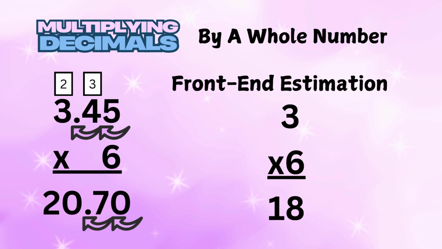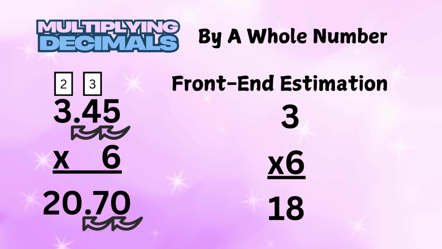So in this case, in front-end estimation, if we had the number 3.45 multiplied by 6, I would look closely at the number 3.45. Using front-end estimation, I would only use the first number, which would be 3. Every number after it would become a 0.